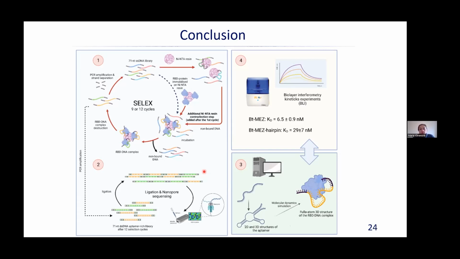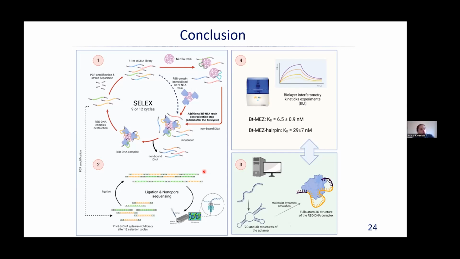For example, there are studies where it was shown that the aptamer also blocks the interaction with ACE2, but it binds not to the RBD domain, but to some other. So depending on the particular sequence of the aptamer, the binding site will differ.